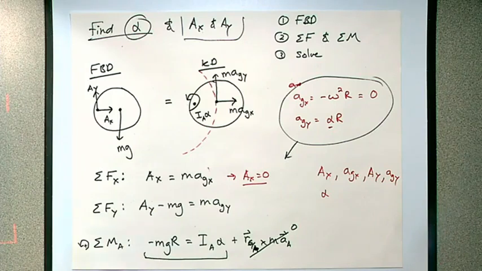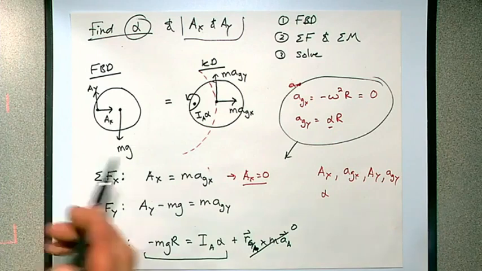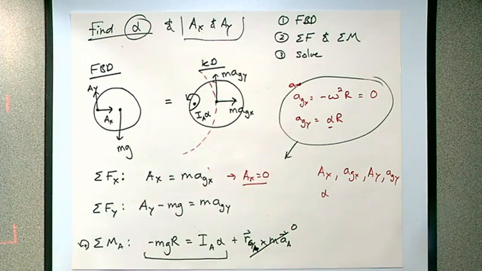But if we forgot all about that, we said, I don't remember polar acceleration, no problem. You need to figure out what the acceleration at the CG is. Write that in terms of the acceleration you know. So the acceleration at g is equal to the acceleration at a plus alpha cross r from a to g minus omega squared r from a to g.